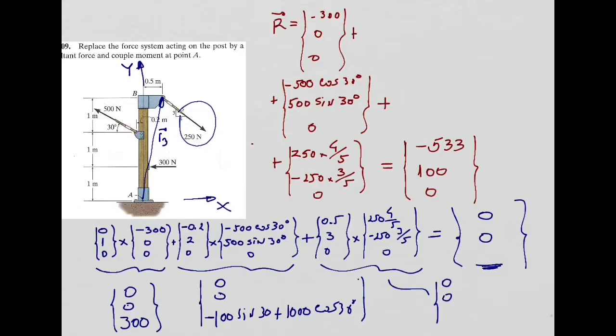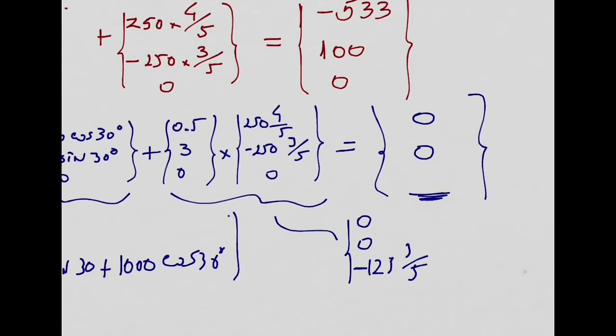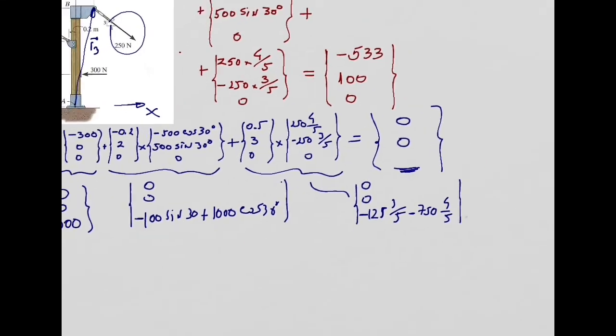You will have minus 125 times 3 over 5, minus 750 times 4 over 5, right? So if I didn't make any mistake doing these multiplications, that's what you have.